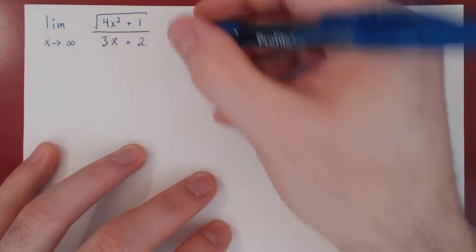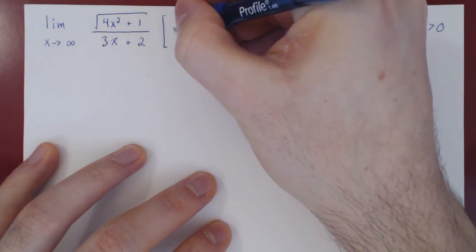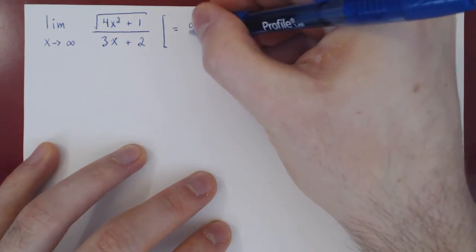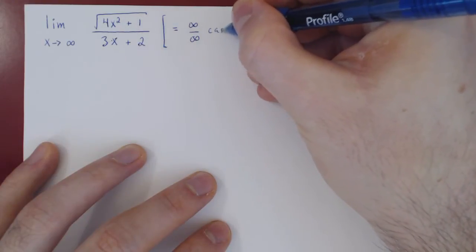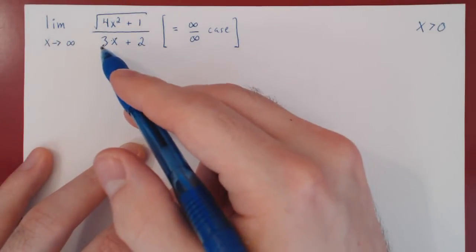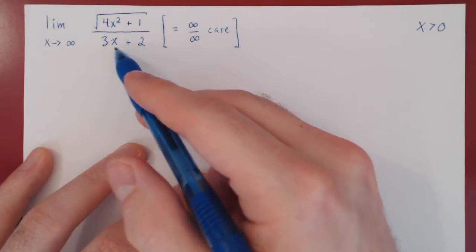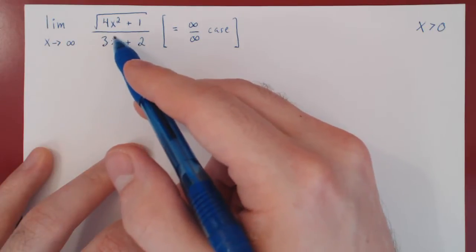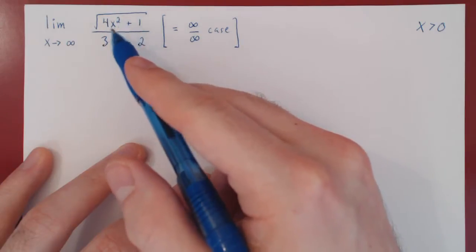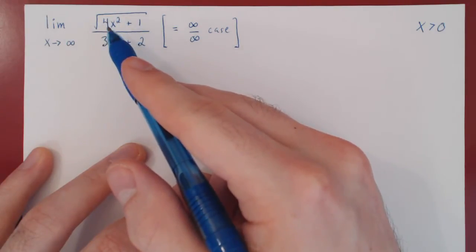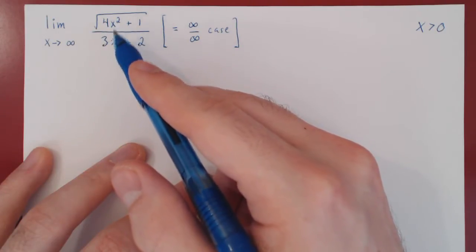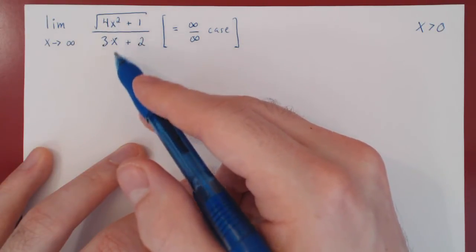We have a fraction, and it's pretty clear when x goes to infinity, both the numerator and denominator go to infinity. So we have an indeterminate case in the form of infinity over infinity. Well, the dominant term on the bottom is x, and it's kind of the same on the top. If you look inside the square root, the dominant term is 4x squared. Ignore the 4, think of the x squared, and the root of x squared will be roughly x.